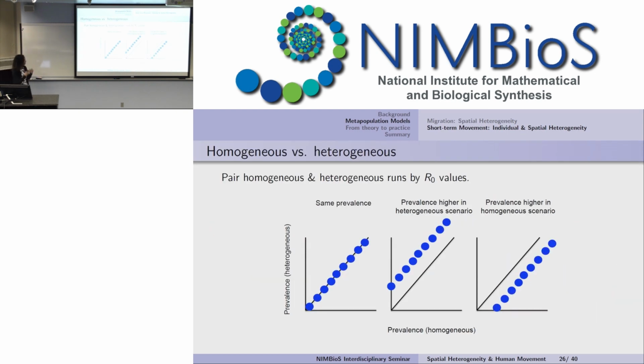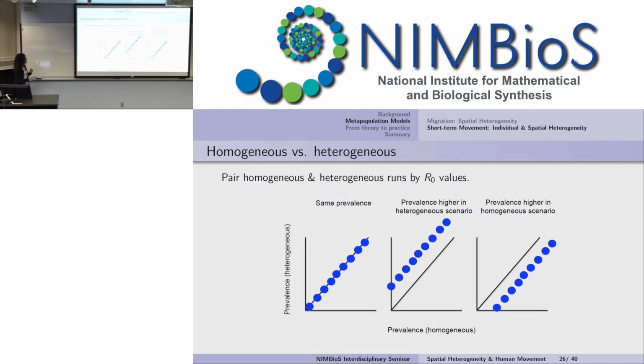Okay, so we want to compare those 5 scenarios that I mentioned to the homogeneous case. And so the way that we do that is by pairing up our simulations according to their reproduction numbers. So for a given point, we have a particular reproduction number and the corresponding prevalence for the heterogeneous scenario and prevalence for the homogeneous case.